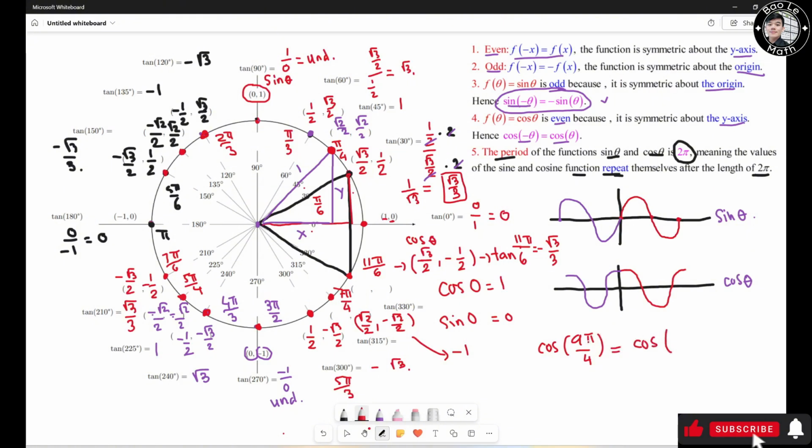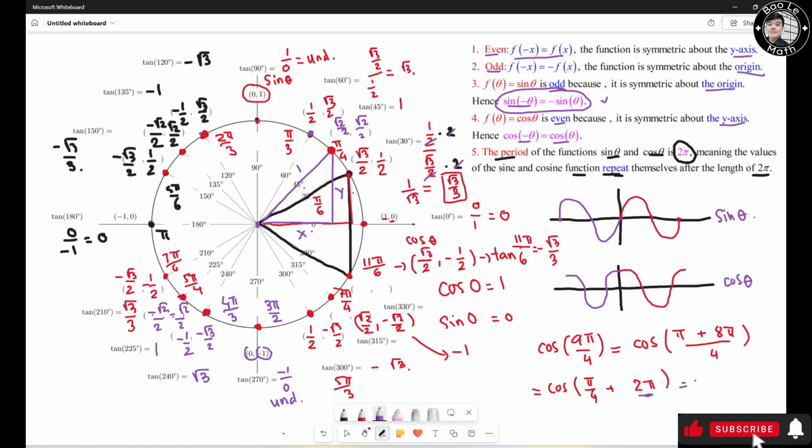I just split this into pi and 8 pi, divided by 4. It turns out to be cosine of pi over 4 plus 8 pi divided by 4, which is going to be 2 pi, right? Now, this is the period, so I don't need to worry about this anymore.